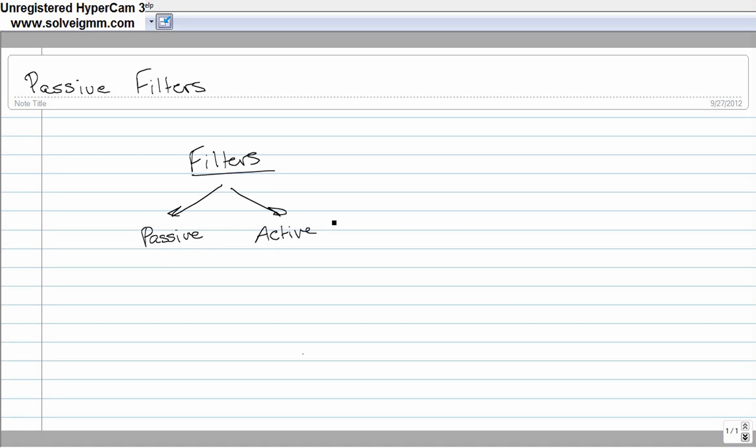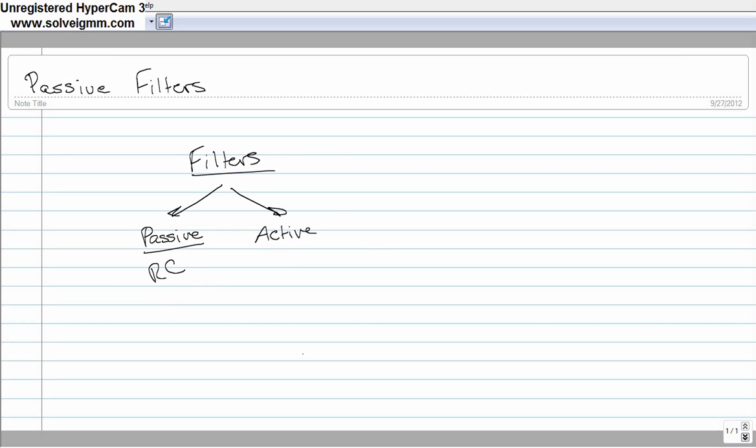The main difference is that passive relies solely on passive electronic components that don't require an active supply of power to function, whereas active components require that power and use it to amplify and shape the signal. So today we're going to be talking solely about passive filters, specifically RC filters, resistor-capacitor filters.